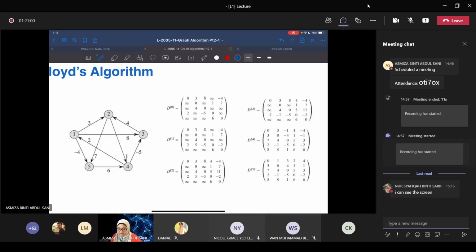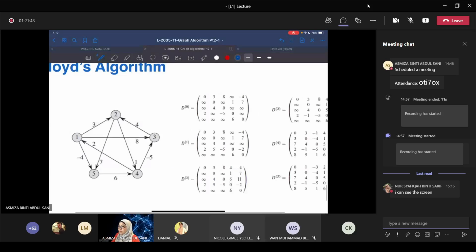But if I'm not mistaken, there are some mistakes in the last few matrices that are generated. I'm not going to do it in class because it will take so long to get to the end. I want you to continue after the class, compare your answer with the example here, and take note of which values do not correspond to this answer. But basically I'm going to show you how we are going to do this.